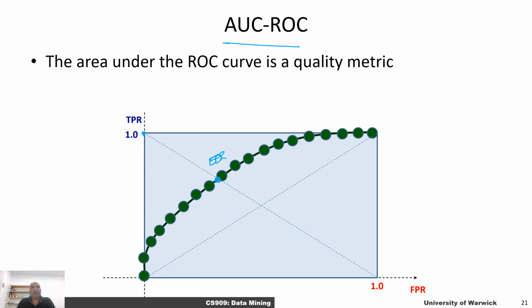It is the point where the false positive rate becomes equal to 1 minus the true positive rate. That point is called the equal error rate for a given classifier. So it's generating an equal number of type 1 and type 2 errors in percentages, at least at this particular point.